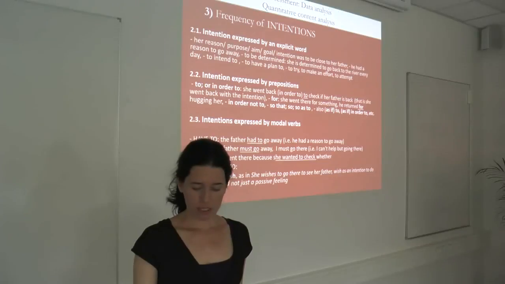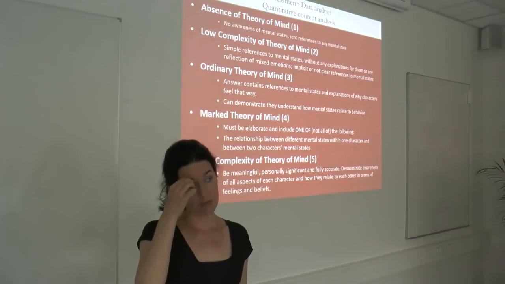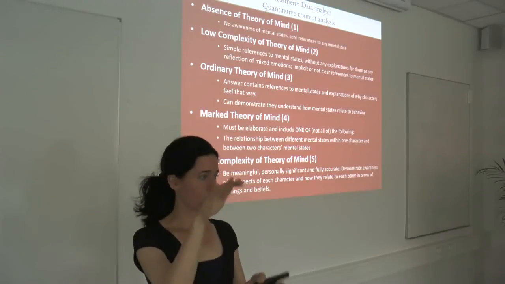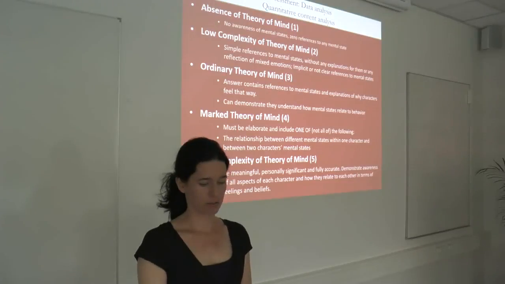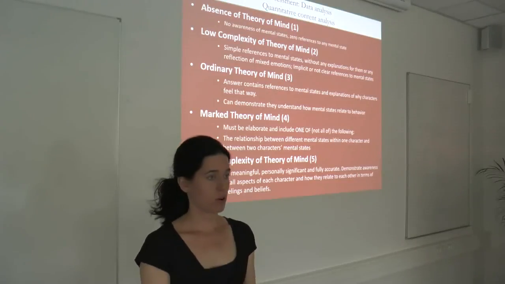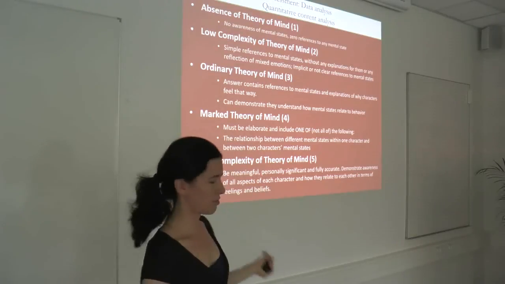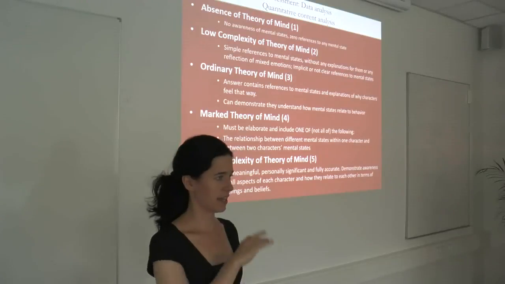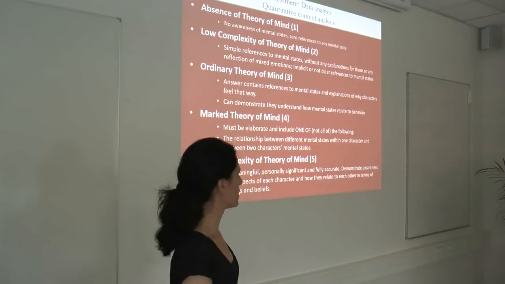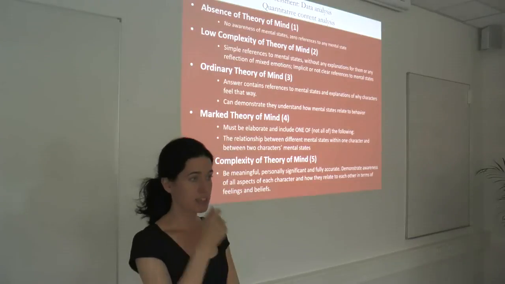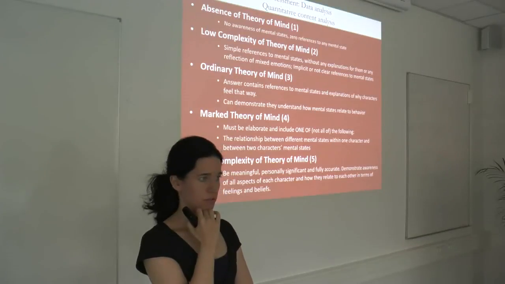maybe a more informative variable, which is the complexity of mental states. We took these descriptions, and on a global rating scale, we rated the complexity of theory of mind. This rating scale is borrowed, sorry I don't have any references on this slide, but if you're interested in any of the literature, just let me know and I will send it to you. But this rating scale is based on Main's rating scale for reflective functioning.